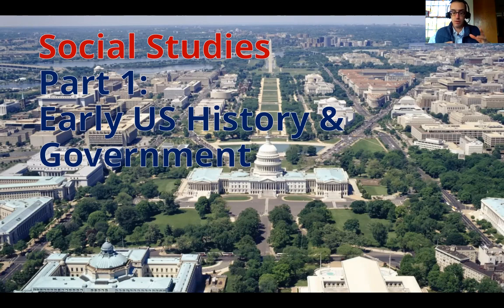Sometimes it was in Philadelphia, which was a big deal back then. A few years it was in New York City, which was a big city. But they said we need a capital city. This is going to be a big, wonderful nation. We need a city devoted to being the nation's capital.